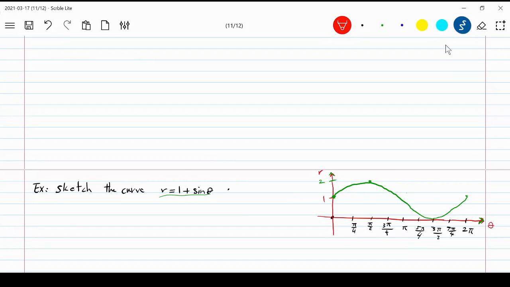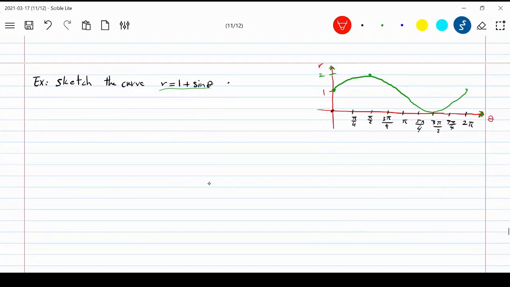So now I can use that to graph this curve. How does this curve look? What happens at theta equal to 0? Radius is 1. So at 0, I have radius 1. This is the first point. What happens at pi over 4?